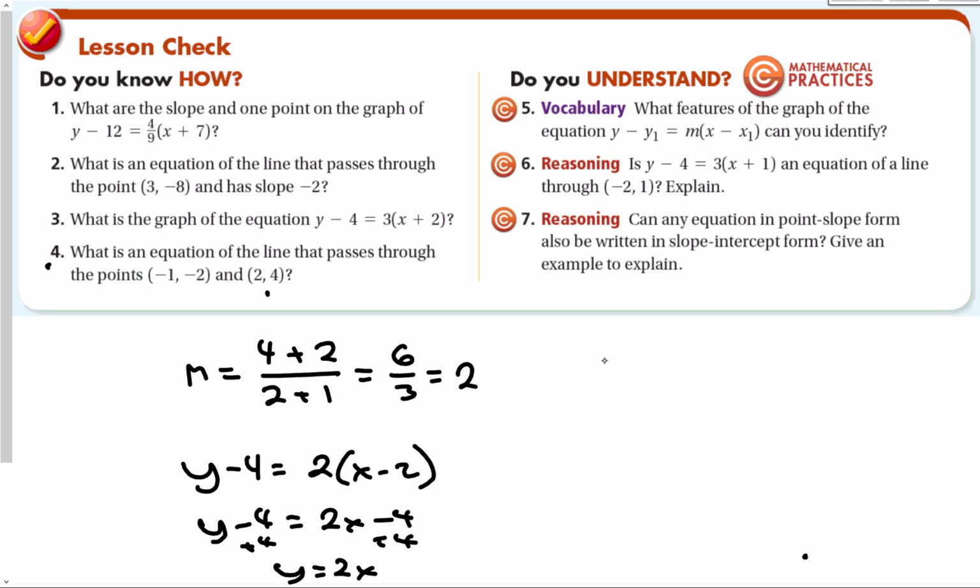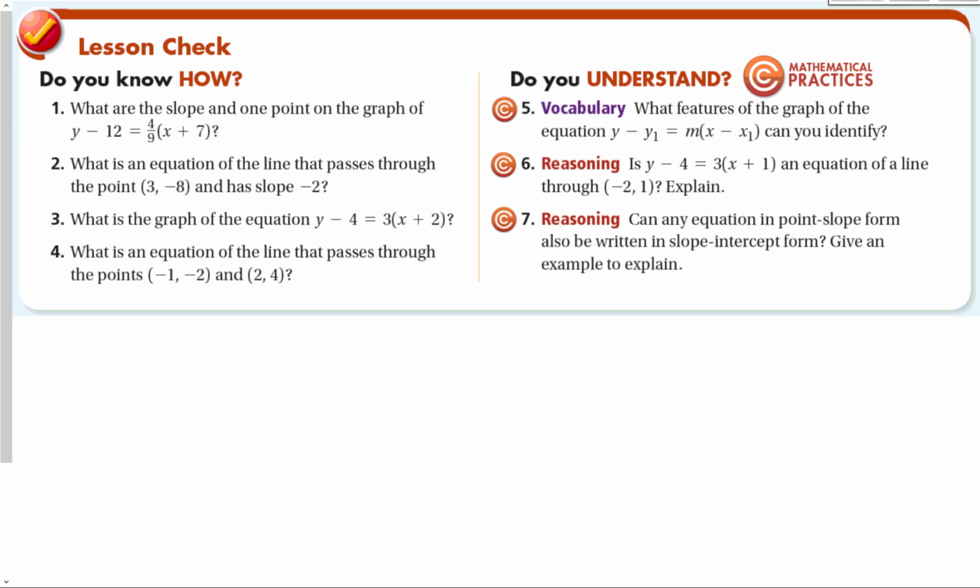So I could say -2 minus 4 should be equal to 3 times 1 plus 1. So negative 2 minus 4. Well, see, I did it backwards.